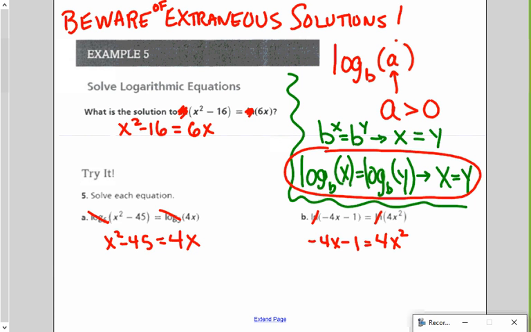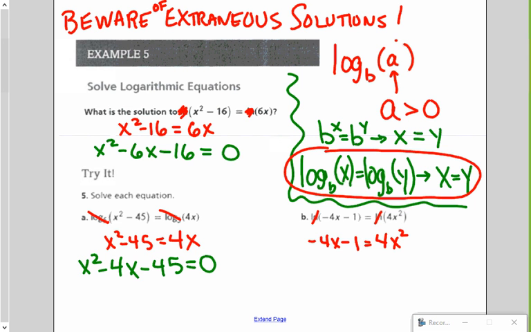In every case, in the green step, my goal is to get everything on one side equal to 0. So in the first one, I'm going to subtract the 6x over to the left. In the second one, I'm going to subtract the 4x over to the left. And in the last one, I'm going to leave 4x squared over on the right because it's positive.